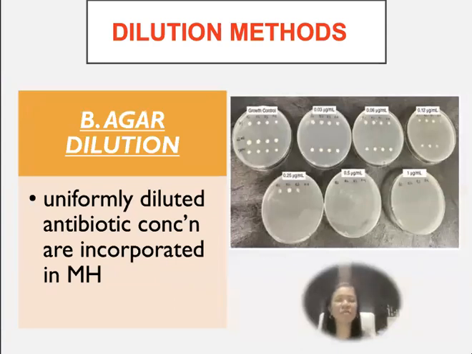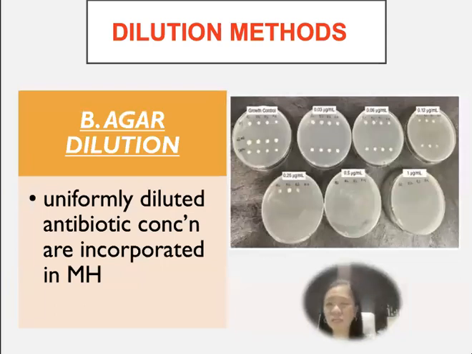Okay? Then we have agar dilution. So sa agar dilution, similar lang siya sa broth dilution, kaya lang sa plates lang siya. So gastos pa rin, isang plate kada concentration. Di ba nakita nyo kanina, 8 micrograms, 4 micrograms, 2 micrograms, 1 microgram. Magkakahiwalay na container kada concentration.